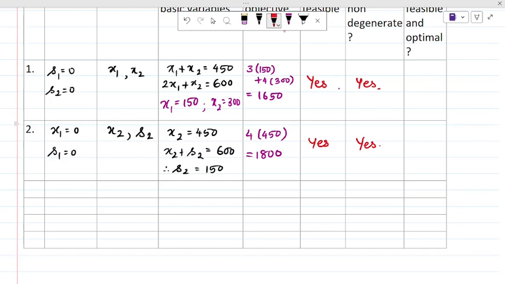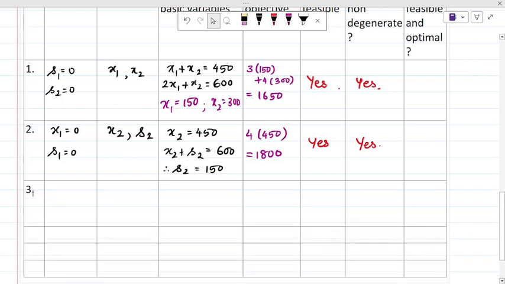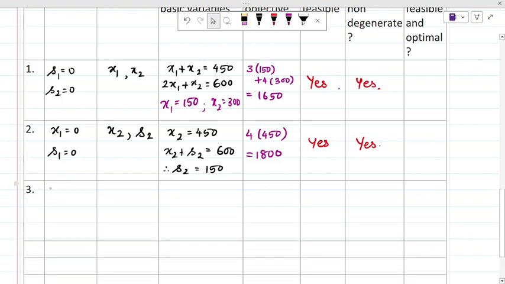Now optimality, the last column we will be able to fill at the end, not now. Now the next one we take, the third one. Here, once we have taken x1 and s1 as 0, now we can take x2 equal to 0 and s1 is 0.